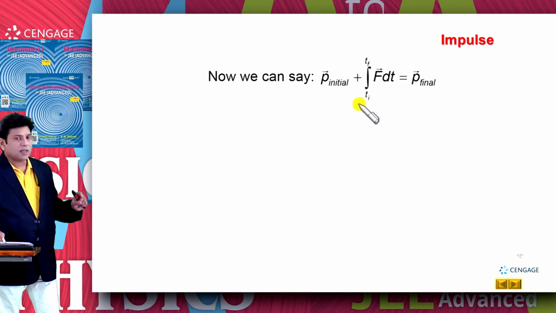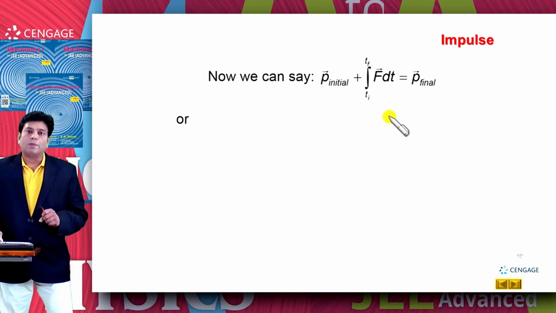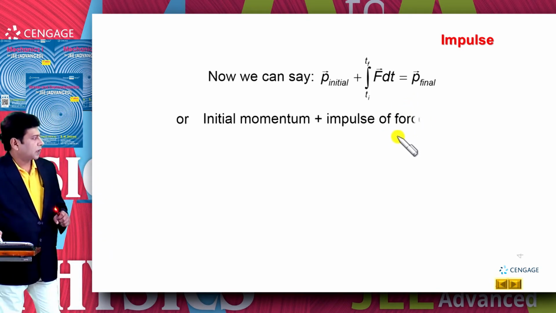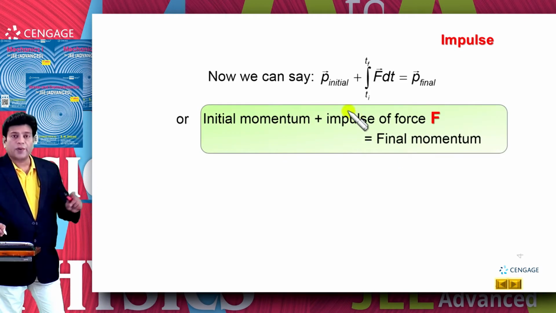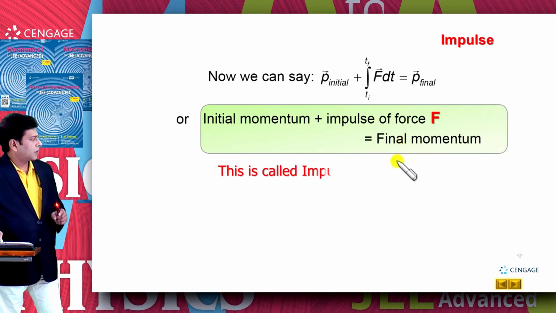Here we can further simplify this expression and write initial momentum plus impulse of force F equal to final momentum. This useful equation is called the impulse momentum equation.